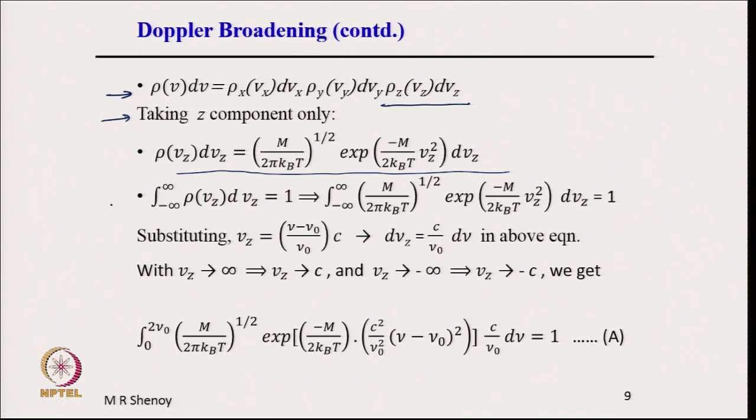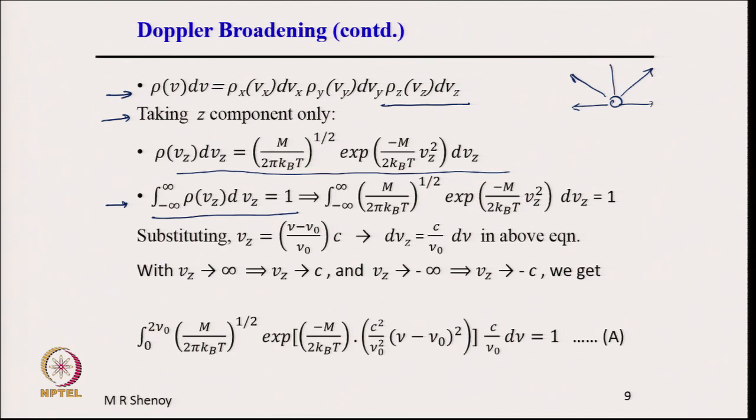Similarly, if we integrate the probability of having particles with velocity component Vz between minus infinity and infinity, this must give 1. If a particle is moving in this direction, its Vz is positive. If it is moving in this direction, its Vz is negative.